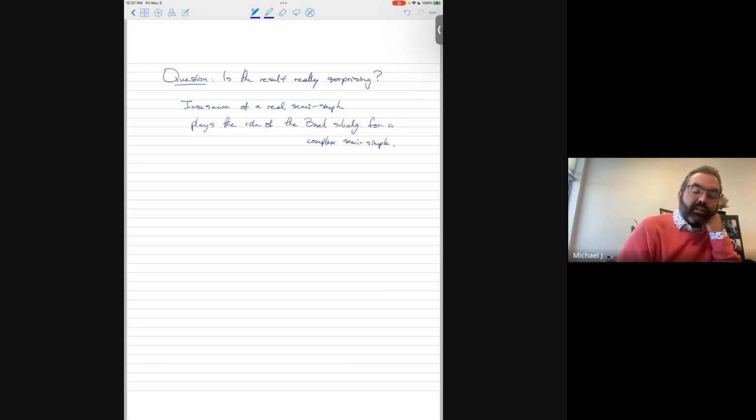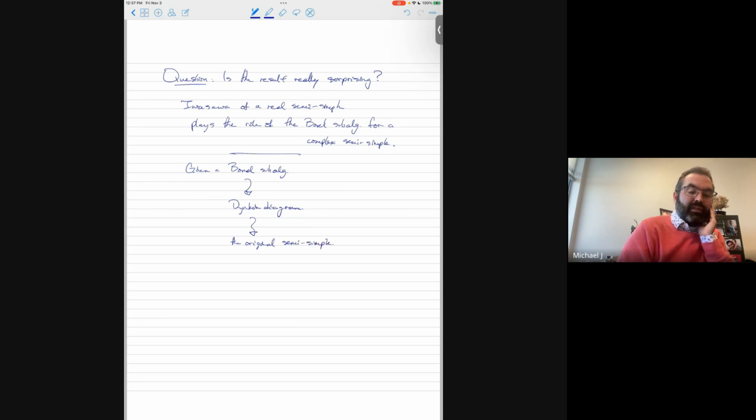So if you take the Borel subalgebra of a complex semi-simple, what can you extract? Given a Borel subalgebra, you can recover the Dynkin diagram, and from the Dynkin diagram, of course, you can recover the original semi-simple.